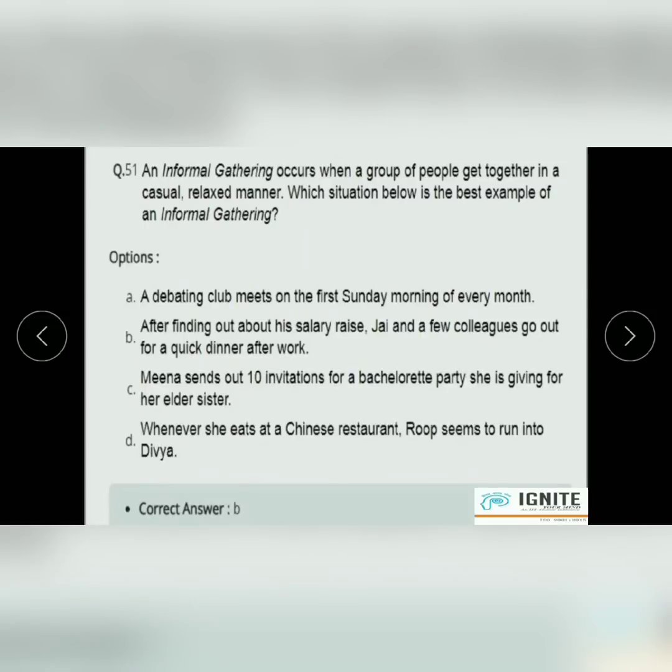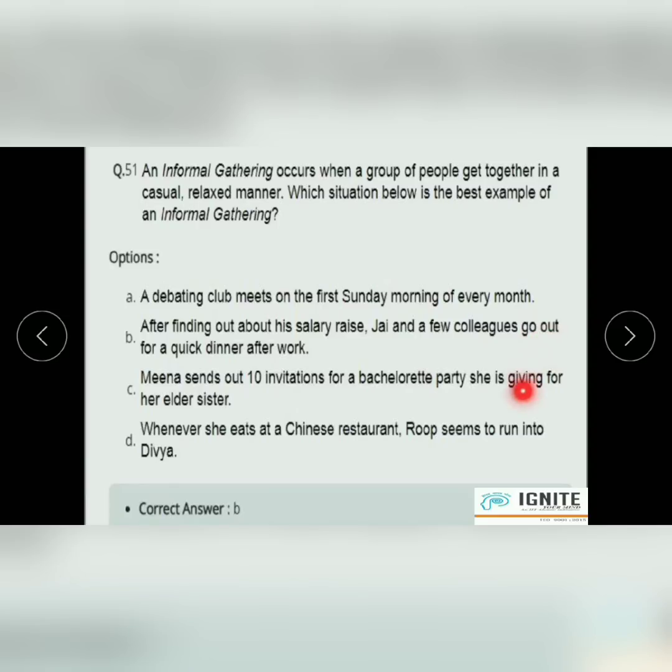Okay. Next question, question number 51. An informal gathering occurs when a group of people get together in a casual, relaxed manner. Which situation below is the best example of an informal gathering? Option A, a debating club meets on the first Sunday morning of every month. Option B, after finding out about his salary rise, Jay and a few colleagues go out for a quick dinner after work.